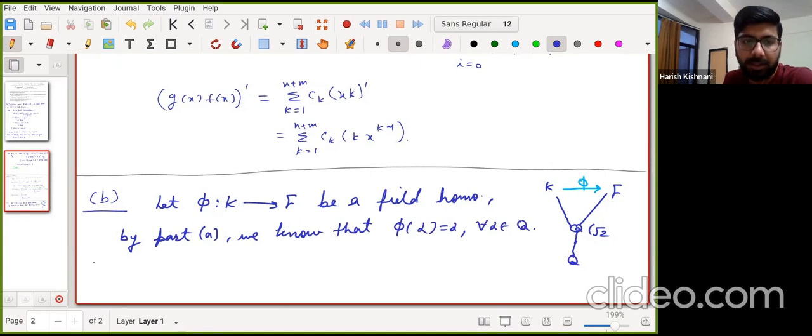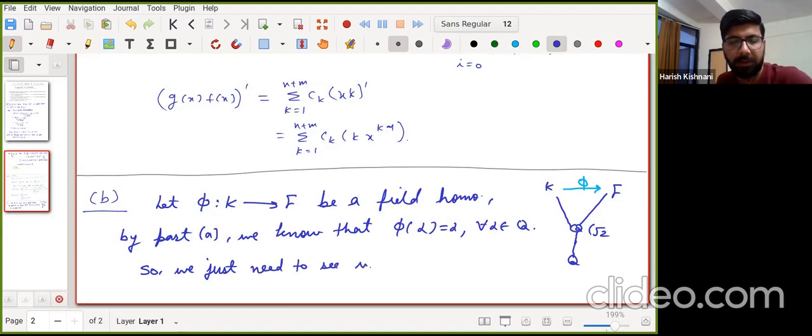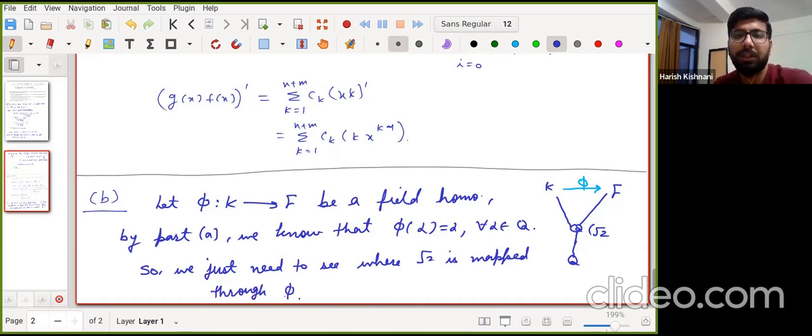So we just need to see where root 2 is mapped through phi. But you have two choices for root 2.